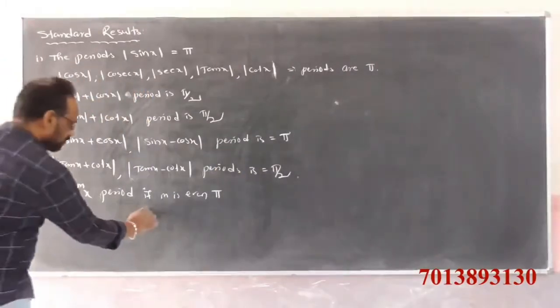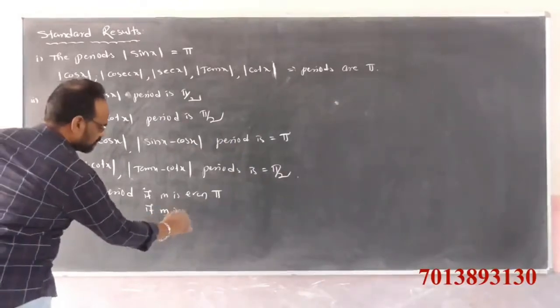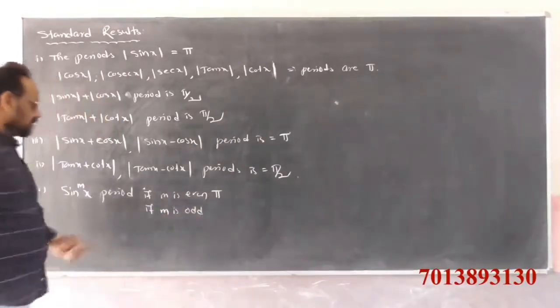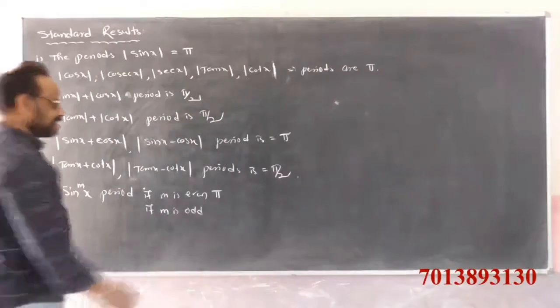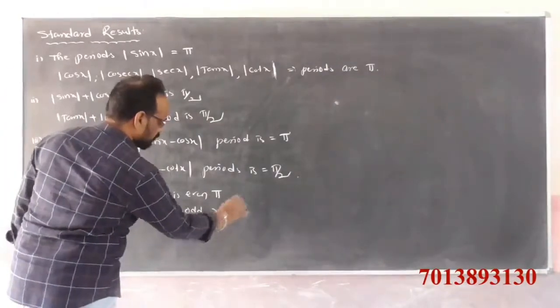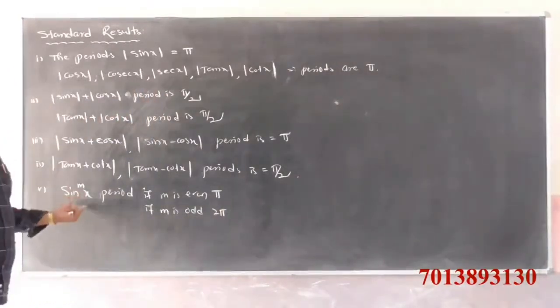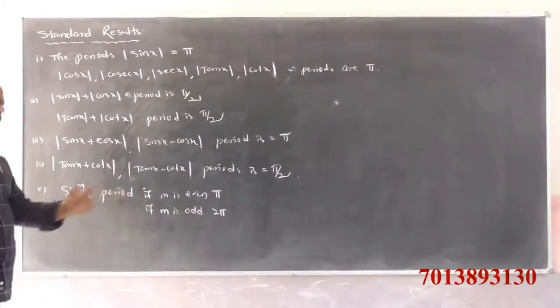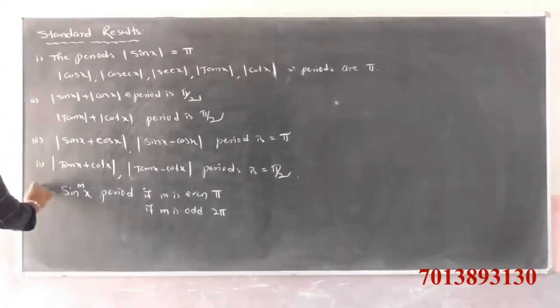If m is odd, period is clearly 2 pi. M is odd means sin x, period is 2 pi. Sin cube x, period is 2 pi. Sin power 5x, period is 2 pi. Sin power 7x, period is 2 pi. So very important this is.